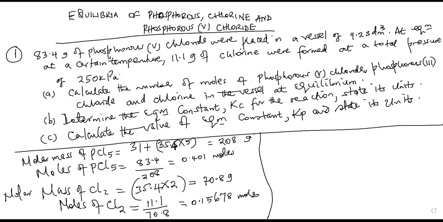Now we've gotten moles of phosphorus 5 chloride and moles of chlorine. But these moles of chlorine are moles at equilibrium. So if we write the equation, the equation will be phosphorus 5 chloride, a gas, dissociating into phosphorus 3 chloride gas, plus chlorine gas.